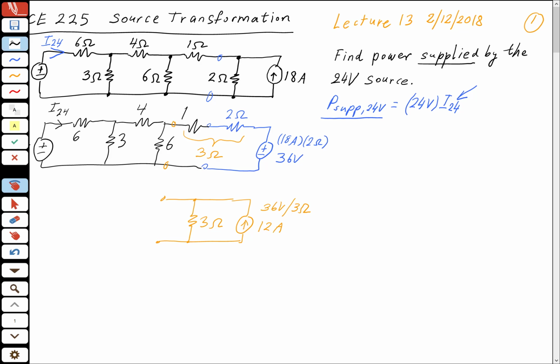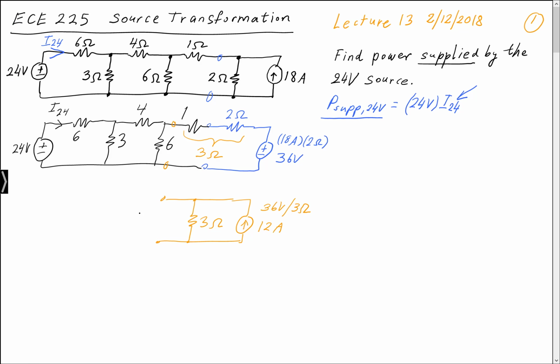So let me just draw them as they are, right? So what we have there is our 6 ohm, we have our 4 ohm, we have our 3 ohm, we have another 6 ohm.